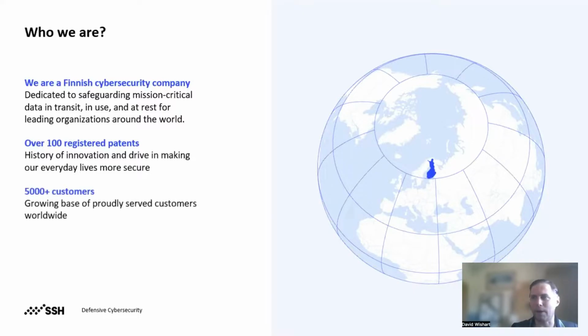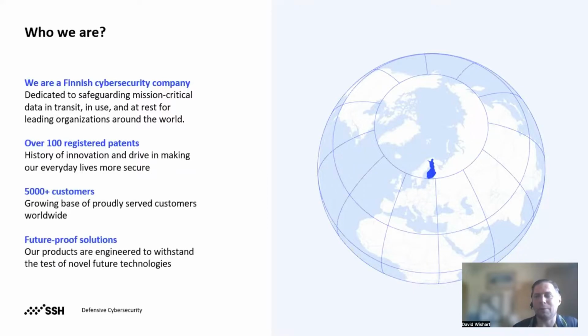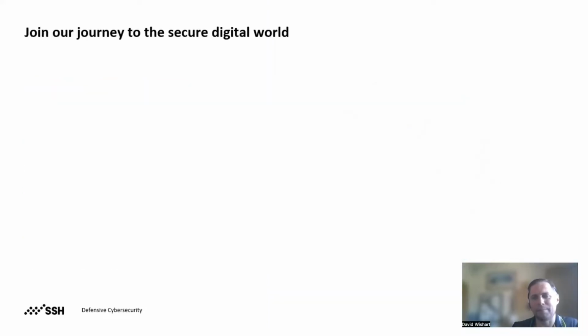We serve over 5,000 customers globally, and SSH, the company, now has a wide portfolio of secure access and secure business communications solutions to offer enterprise companies. And today we're going to focus on privileged access management.